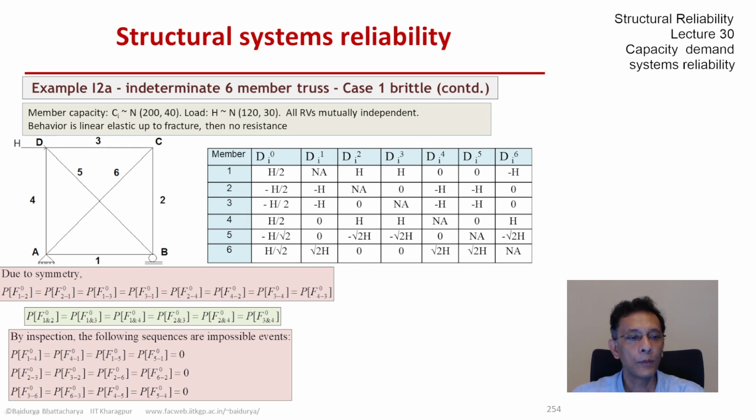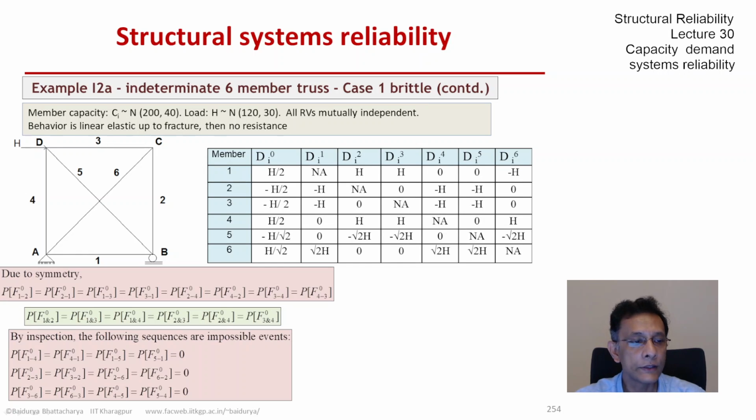Now, we can see by inspection that's because if you see in the load table in the column D1I, member 4 and member 5 have no loads, so they just cannot fail. So if member 1 fails first, then 4 and 5 have no possibility of failure.